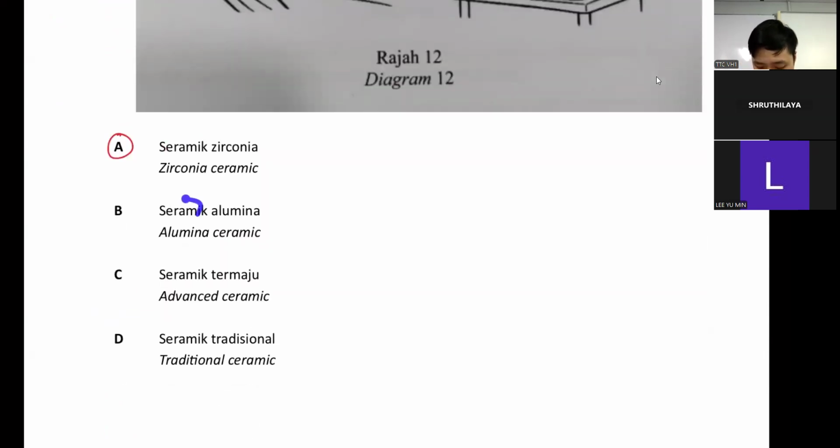Normally, alumina and the tradition is the same. Okay, so these two are the same. Because ceramic made by alumina actually, it's called aluminum oxide. So normally used for like pots, to make pots, bricks, bowls, for example.